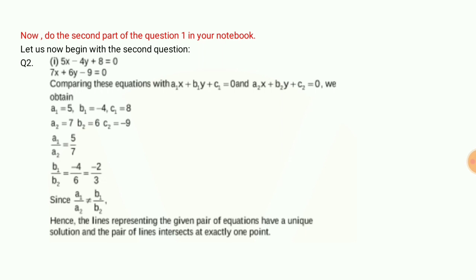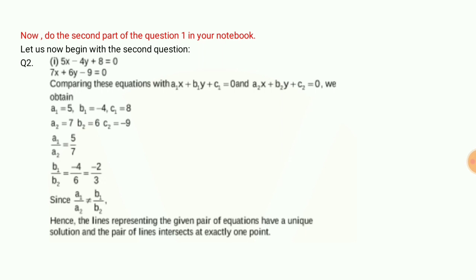5x minus 4y plus 8 is equal to 0 and 7x plus 6y minus 9 equal to 0. Let us compare these equations to the general equation and find out the values of a1, b1, c1 and a2, b2, c2. We get what? a1 is 5, a2 is 7, b1 is minus 4, b2 is 6, c1 is 8 and c2 is minus 9.